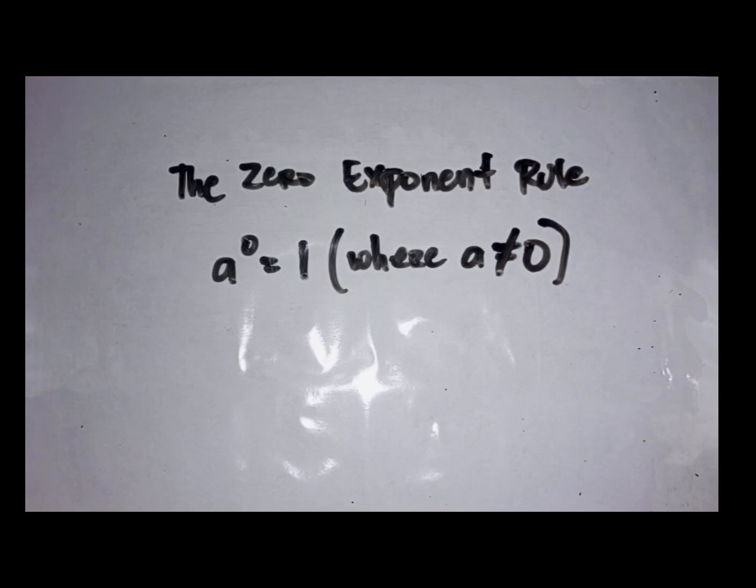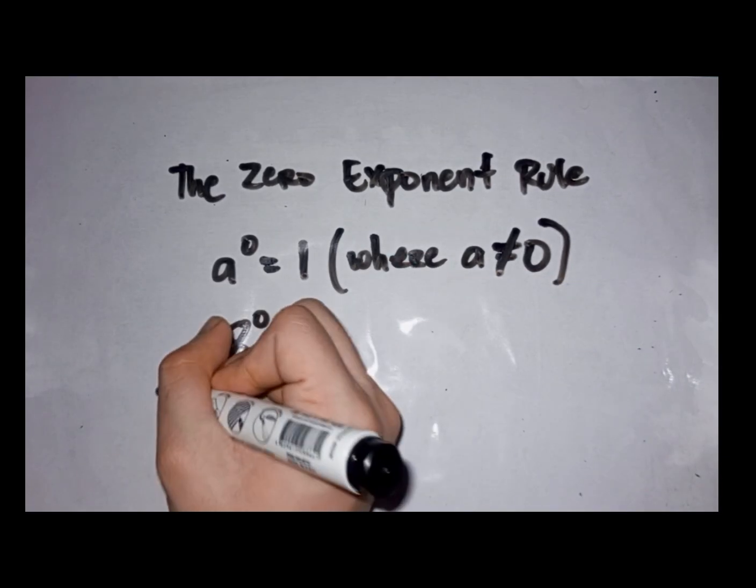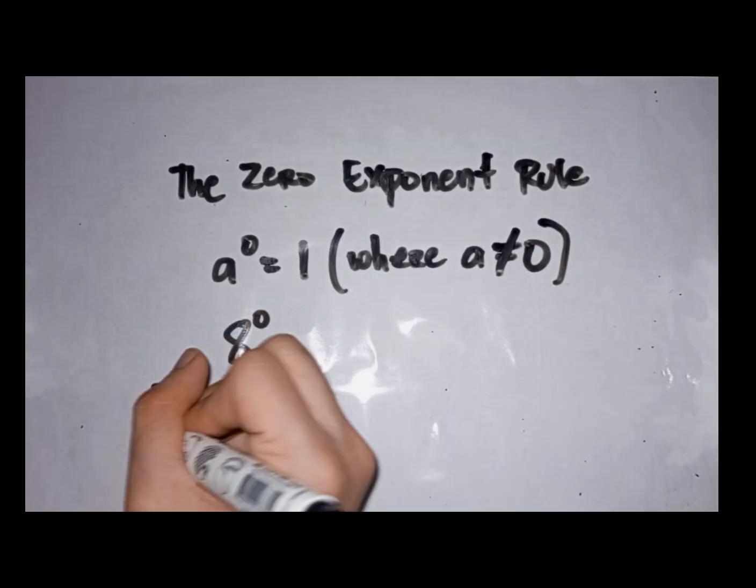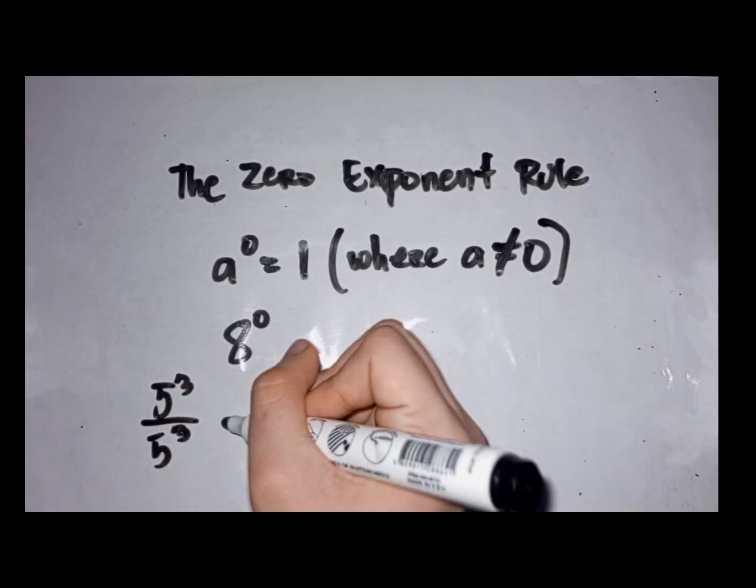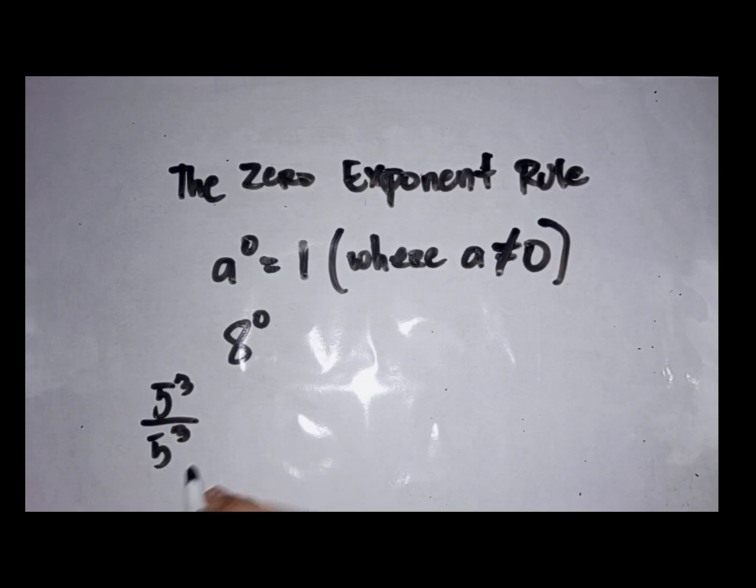Now let's look at 8 raised to 0. The rule says that 8 raised to 0 equals 1. But why? Let's use our quotient rule. We know that 5 raised to 3 over 5 raised to 3 must be equal to 1, because anything divided by itself is 1.